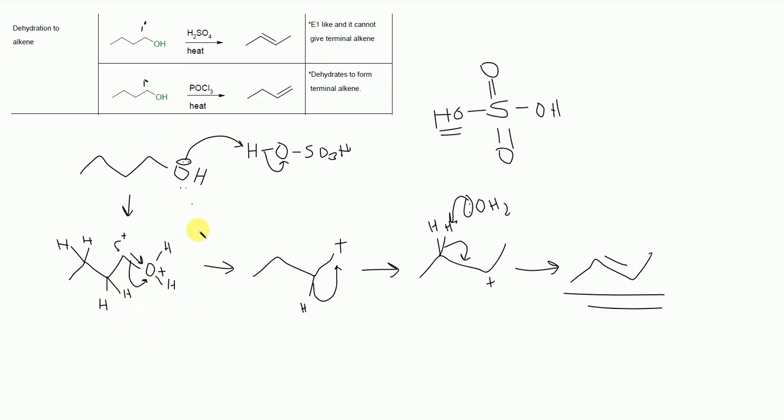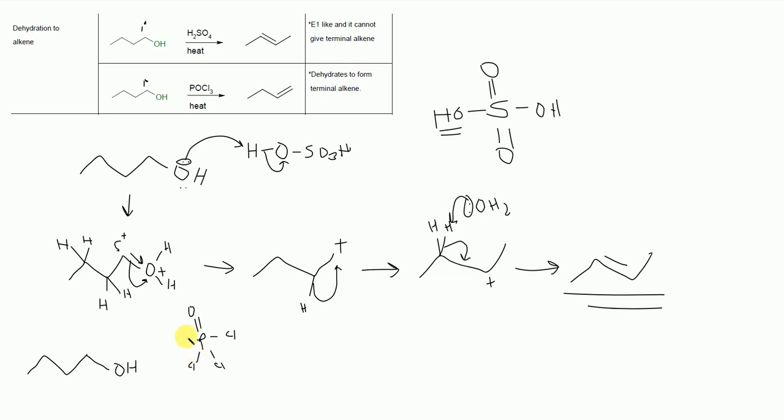Now, in the case of POCl3, it's a little bit different, right? It behaves differently, and this will be easier to understand if we look at what POCl3 really looks like. Essentially it is this: we have this phosphorus, and it has a double bond to the oxygen, and a bond to a chlorine, a bond to a chlorine, a bond to a chlorine.